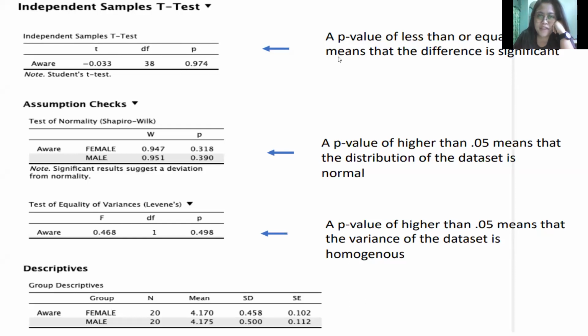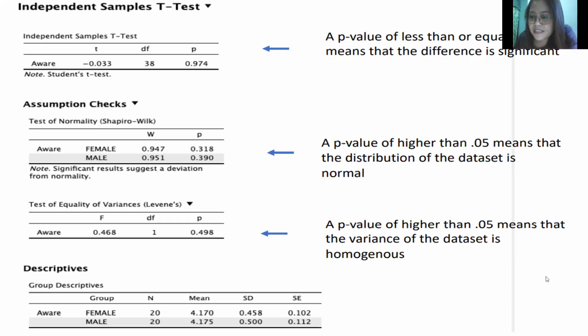A p-value of less than or equal to 0.05, which is our level of significance, means that there is a significant difference between your two groups. But look at this, it's 0.974, meaning it is higher than 0.05. What does that mean? There is no significant difference.